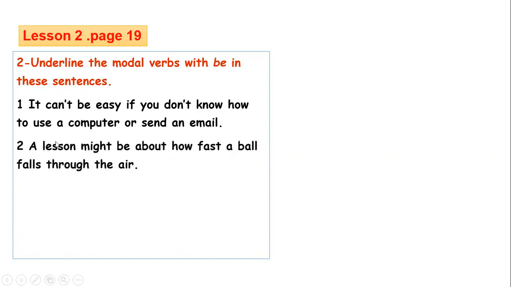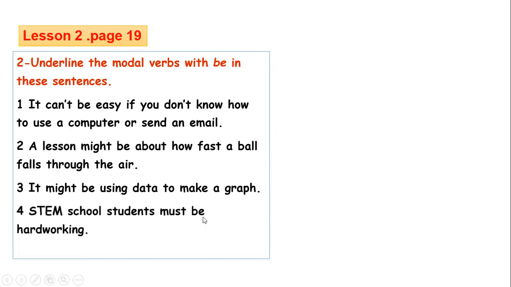Number 2, a lesson might be about how fast a ball falls through the air. Number 3, it might be using data to make a graph. Number 4, STEM school students must be hardworking. Now it's your turn. Try to find out the modal verbs.